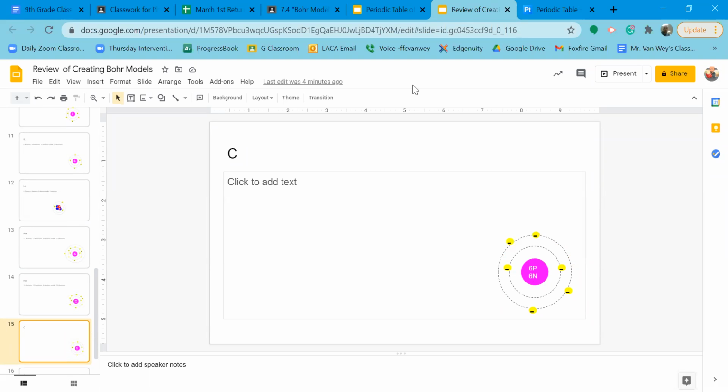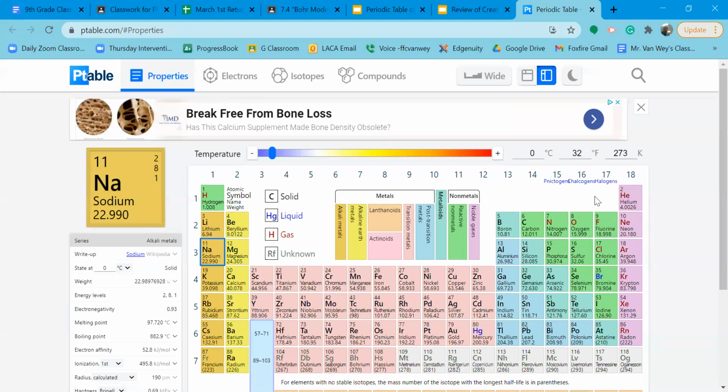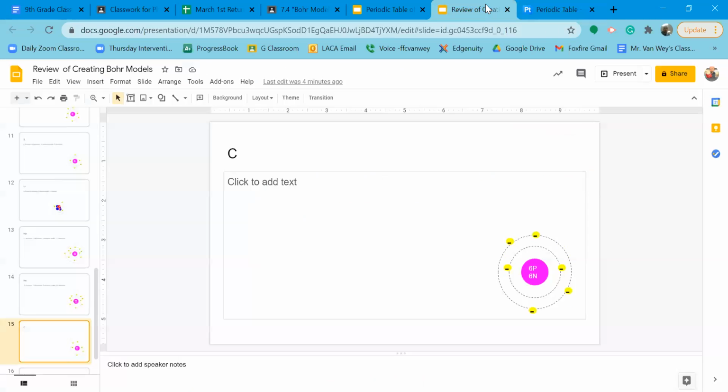And just like I predicted, because carbon is in the 2nd period, the 2nd row, it has 2 electron shells. And just as I predicted, because carbon is in the 4th column or the 4th group, it has 1, 2, 3, 4 electrons on its outer shell. Plus the 2 in here, that gives us 6 electrons to match our 6 protons.